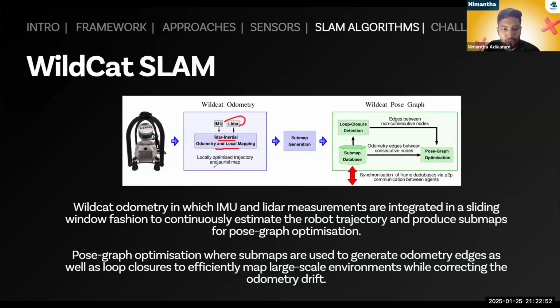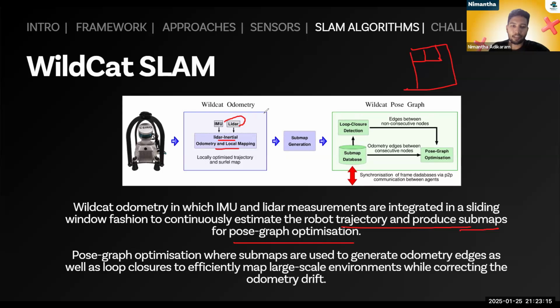We have a map, and we will have submaps as well, as we learned in probability. There is continuous estimation of the robot trajectory, producing submaps for the pose graph optimization. We learned about pose graph optimization in a brief way.